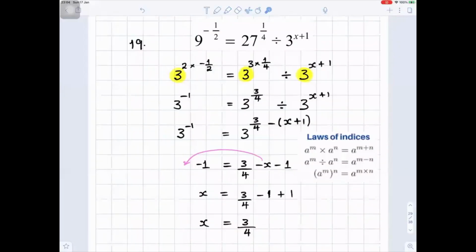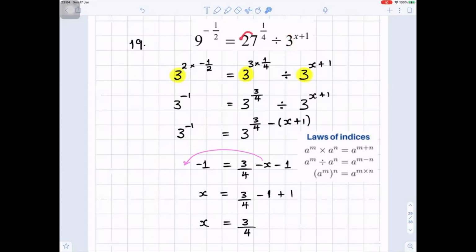So the first thing to notice is that it's a 9 at the base there, 27 at the base there, 3 at the base. They are different numbers. So what we want to do is to make all the bases the same number. And what is the smallest number that you can use for all of them? We use the smallest number, which is 3.